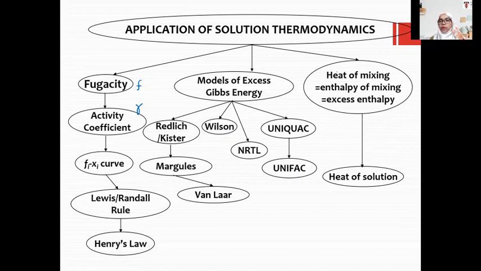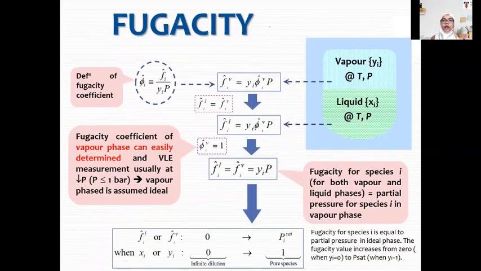Okay, the last topic covers the second part. We are going to learn about the heat of mixing by determining the enthalpy of mixing and also the excess enthalpy in the heat of solution. Okay, the first part is fugacity. I hope that you still remember the fugacity that was introduced in the previous chapter.